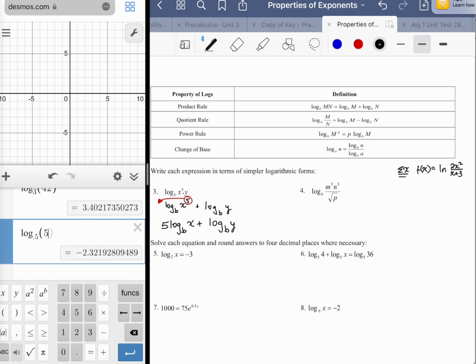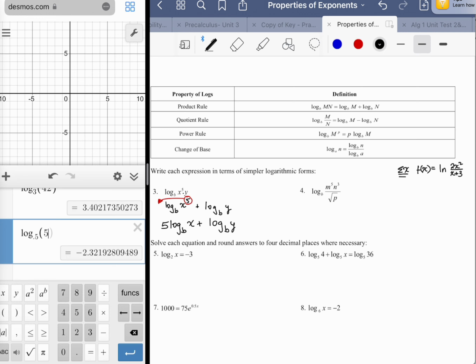Like number 4, I see a power of 5, power of 3, and a power of 1/2. So we have high-order polynomials and a root function, and it's a root function in the denominator, assuming that these are variables and not just simple coefficients.